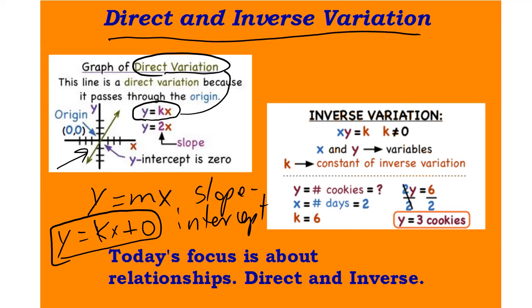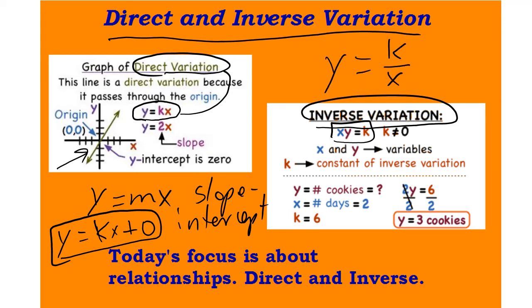That is direct variation. Inverse variation can be remembered as x times y equals k, or y equals k over x. See, now we have a proportion, and if we cross multiply, we get x times y equals k.